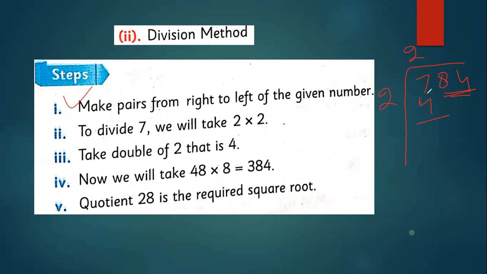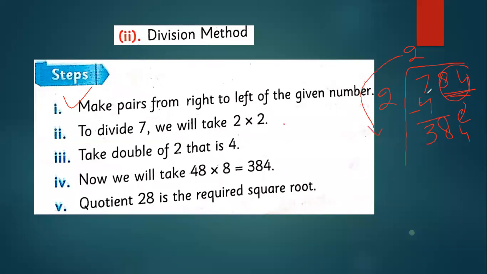If we take three threes, that exceeds 7. So that's why we are taking only two twos. When we subtract, we get 3. And bring this pair down, so this becomes 384.